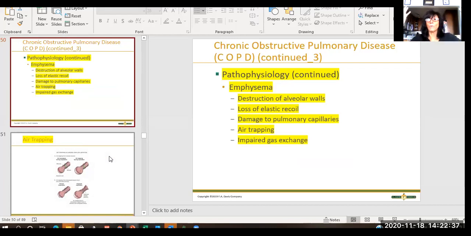And air that we breathe has oxygen, nitrogen, carbon dioxide. There's lots of stuff in the air. The lungs just take the oxygen and get rid of the other stuff. Here, they can't do that well anymore. So the gas gets trapped and it doesn't get exchanged. So now they're holding on to things like carbon dioxide that we don't need and we certainly don't want.